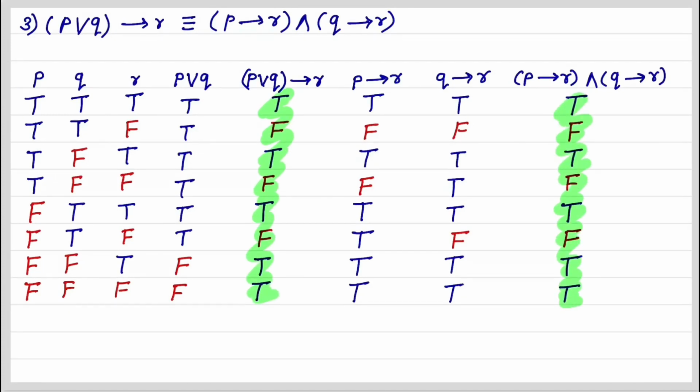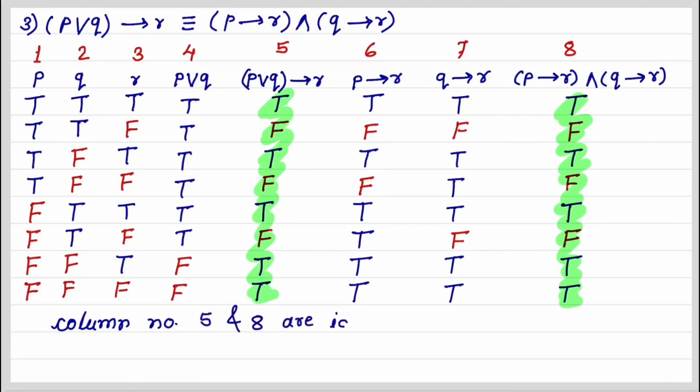Observe these two columns. Column number 5 and 8 are identical. They have identical entries, and hence we have P or Q implies R is equivalent to P implies R and Q implies R.